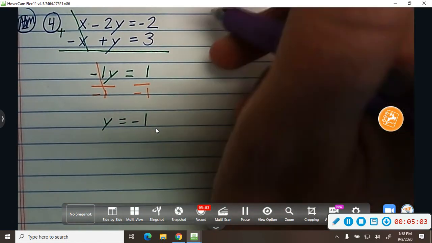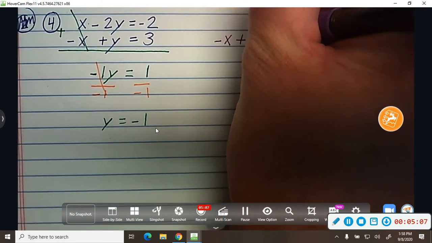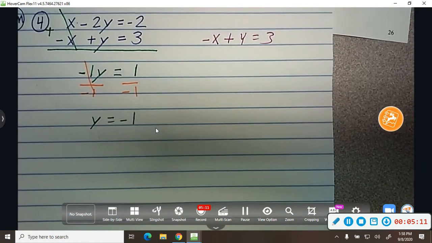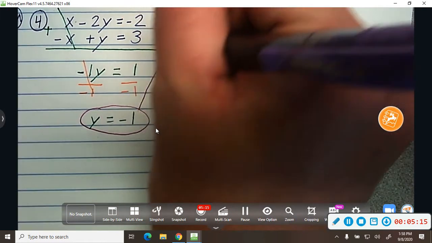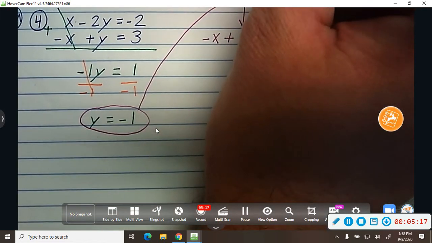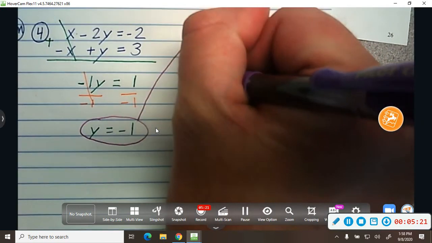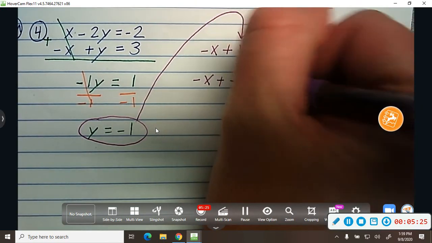So if you pick this one, but now I know the y value. So I get negative x plus negative 1.